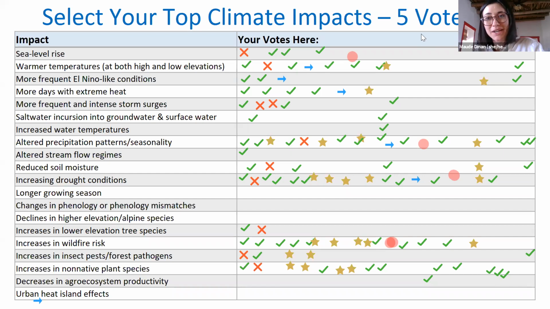Also, I noticed that there may be only two votes in the increase in lower elevation tree species. That low amount kind of speaks to the importance of looking at your region and those region specifics. Would anyone who voted in that like to describe why they voted in that category?